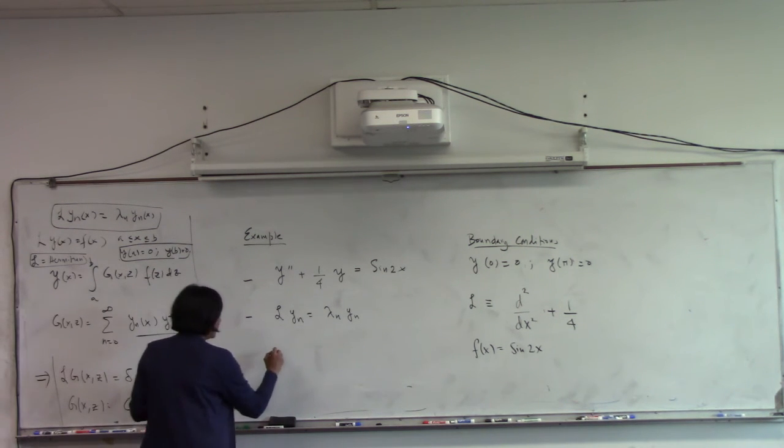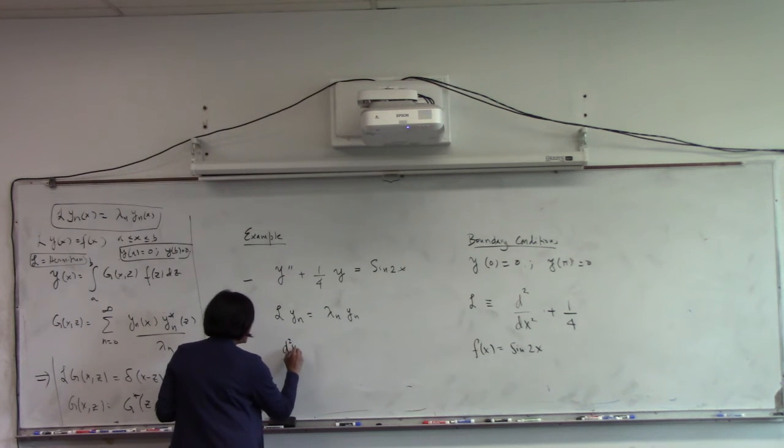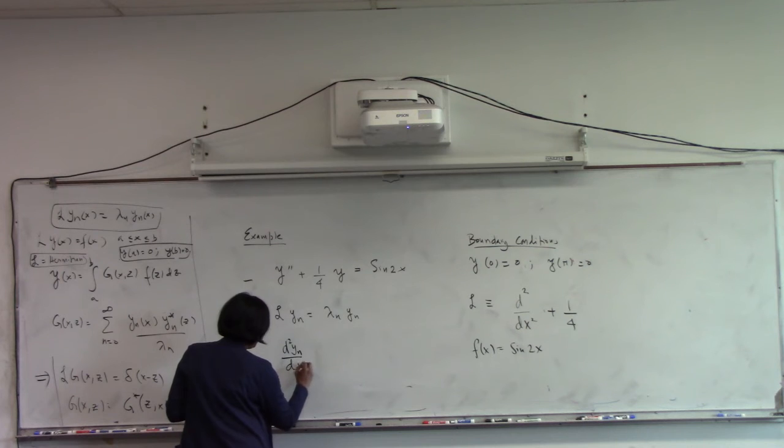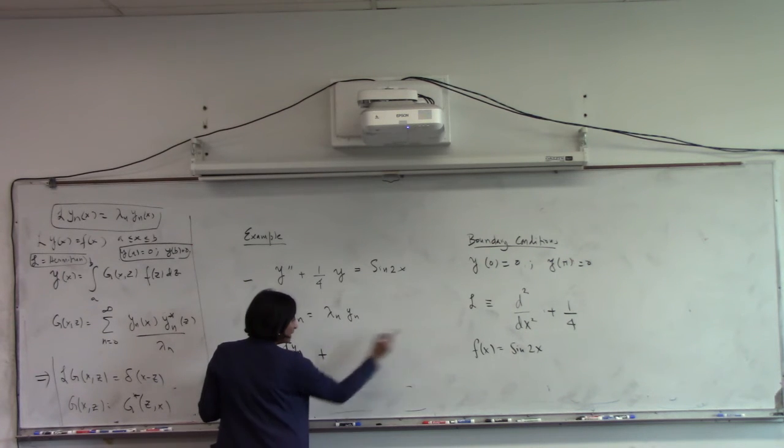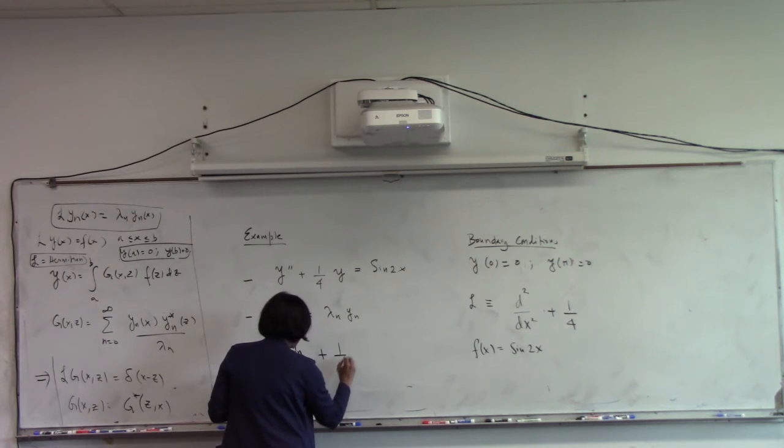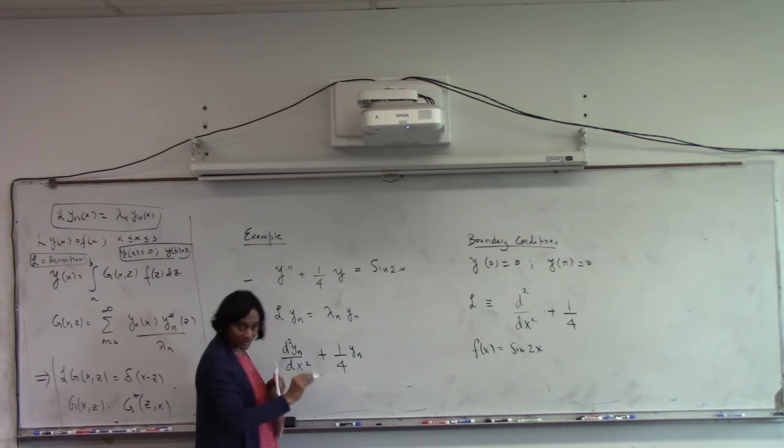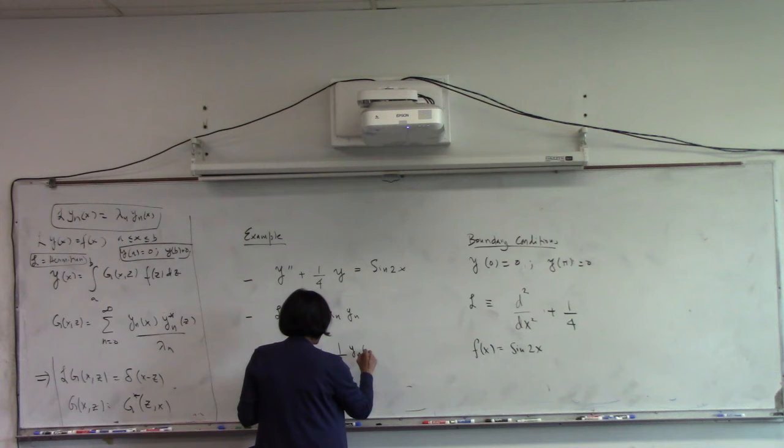I have to write d squared y_n over dx squared, this is my L operator, plus 1/4 of y_n. The subscript denotes the eigenfunction. So y_n(x) is equal to, what should I write on the right-hand side?